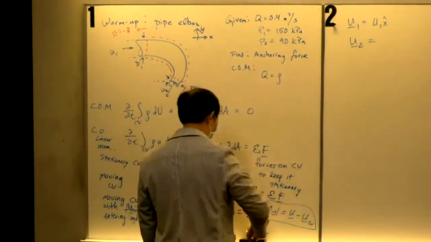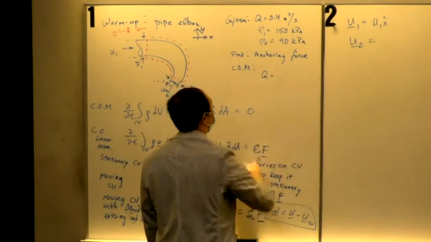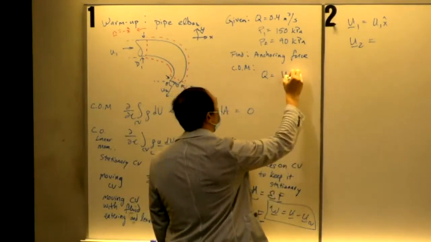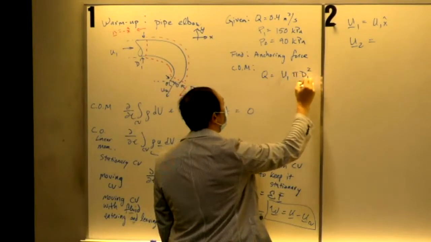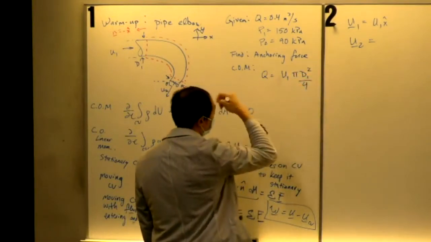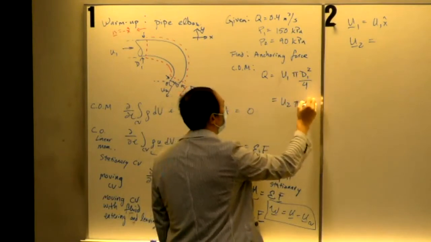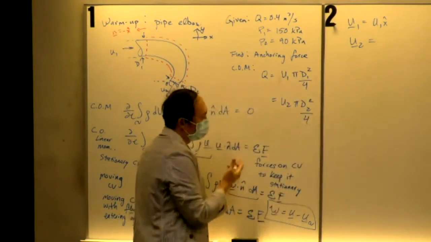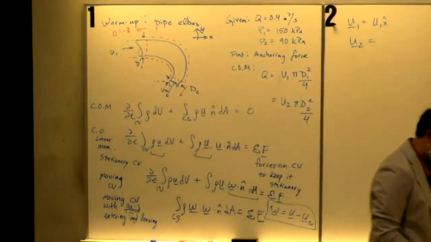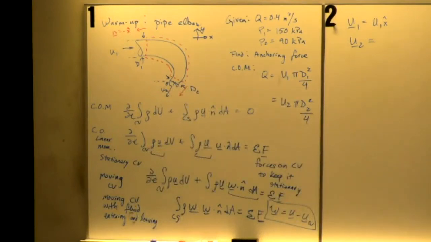Rho, no, there's no rho, because that's already flow rate. U1 pi d1 squared over 4 is equal to U2 pi d2 squared over 4. So by this definition, you can just use U1 and U2 everywhere. You could propagate them through, but in this case, it's easier to substitute at the very end.